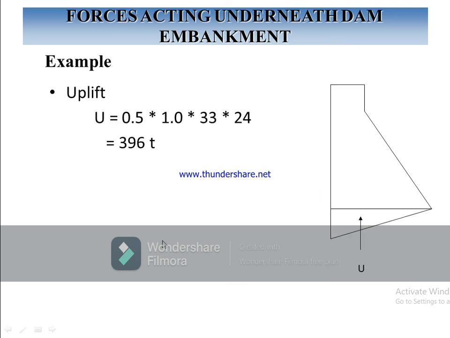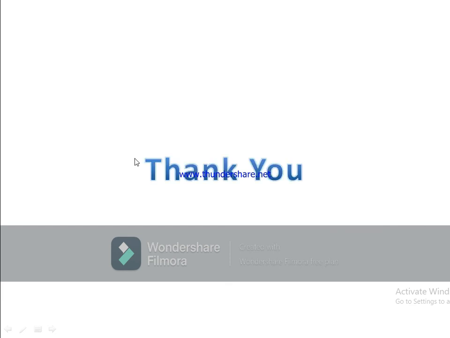The uplift pressure is equal to 0.5, which is 1 by 2, multiplied by gamma W, which is equal to 1, and 33, which is the height, and 24, which is the length. So we find the uplift pressure, which is equal to 396 T. So thank you.